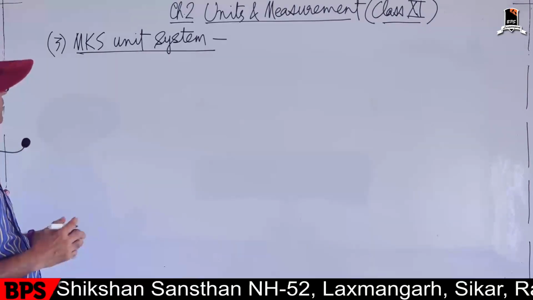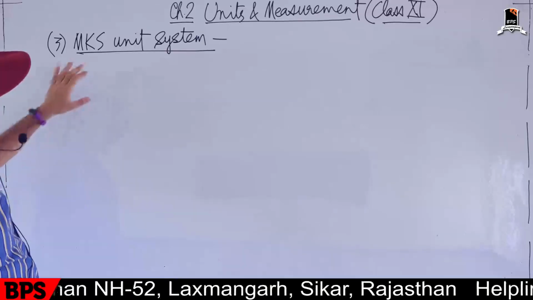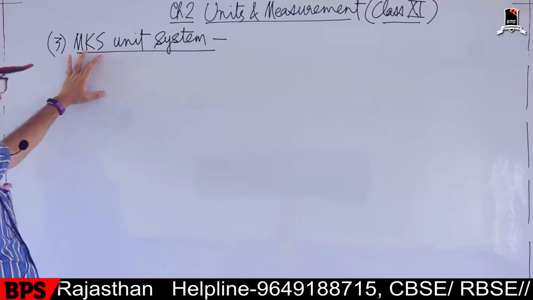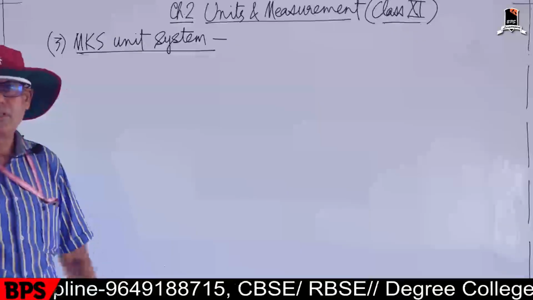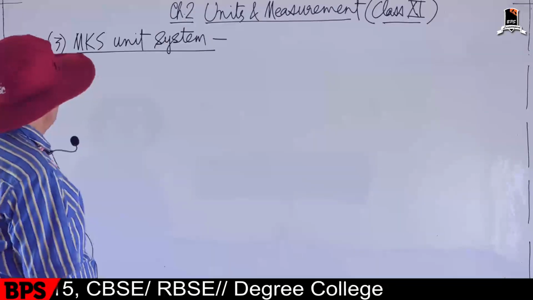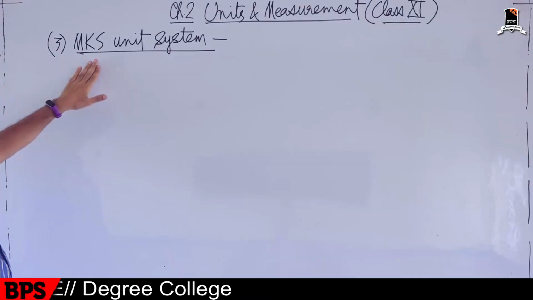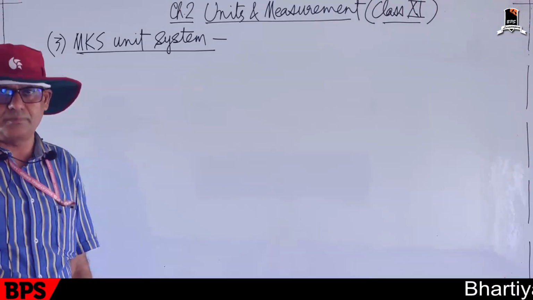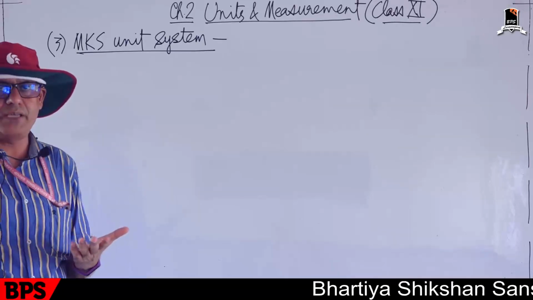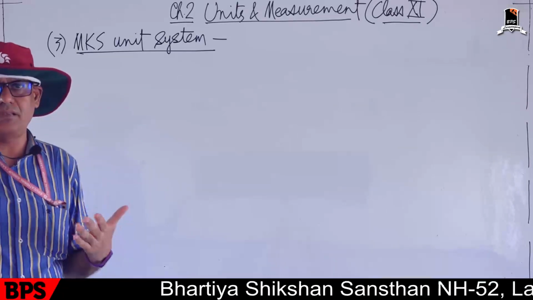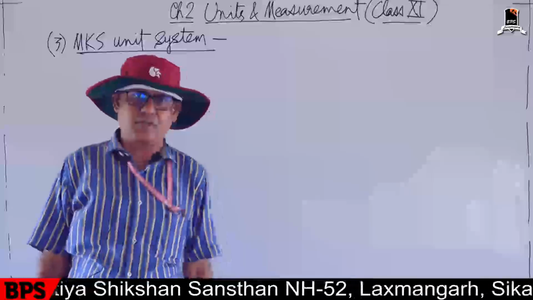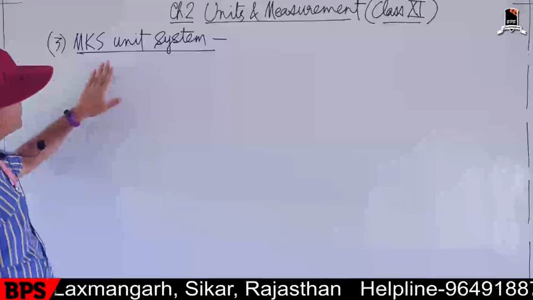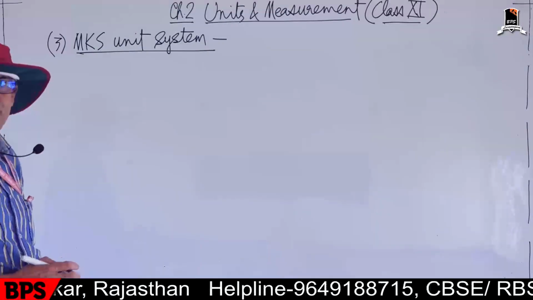K stands for kilogram, that is the unit for mass, and S is the unit of time, second. This unit system is also named as metric unit system because we always use multiples of tens to express the amount of a physical quantity. So this unit system is also called metric unit system.